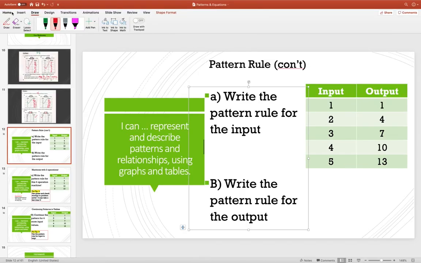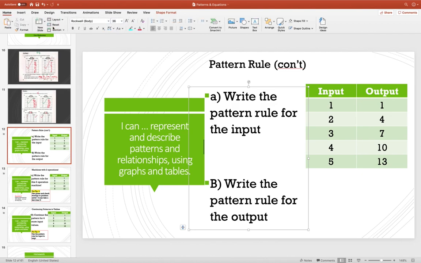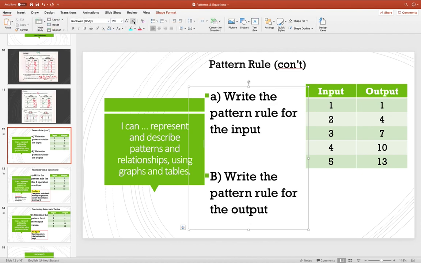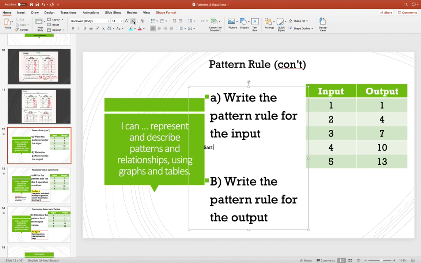So what would we say? We would say start at 1, and then the input we increase by adding 1 each time. Okay, that is that one. Hopefully that's easy enough.